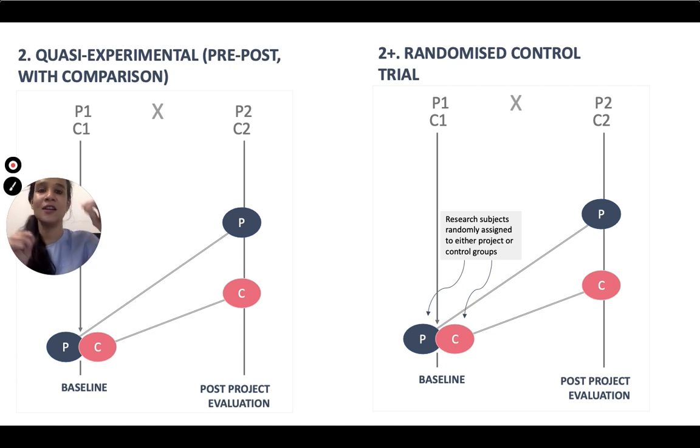So they're just randomly selected. It could be that either school has the probability of being in either the project or the control group. And that's the key difference, because the reason behind this is that we are saying that they are as similar and both have equal probability.